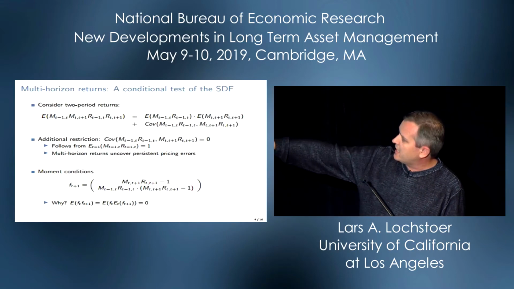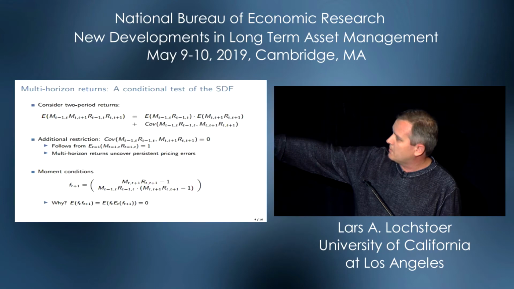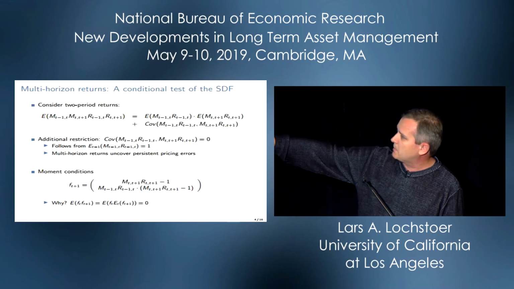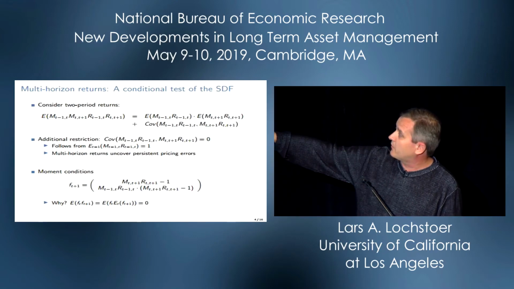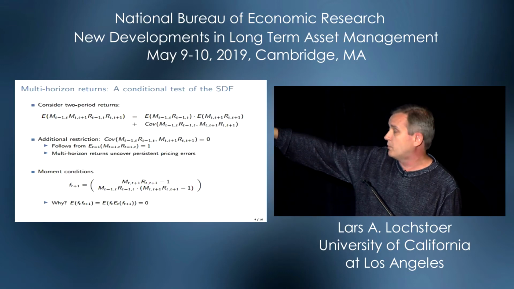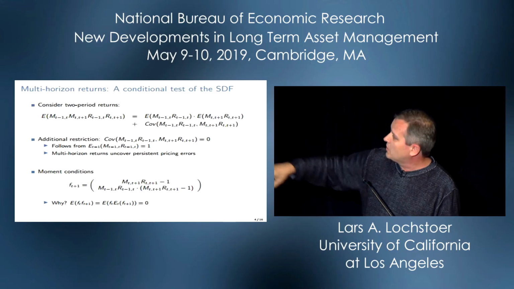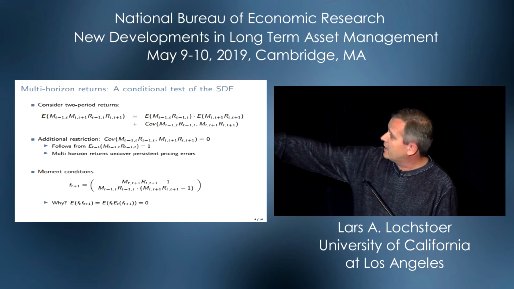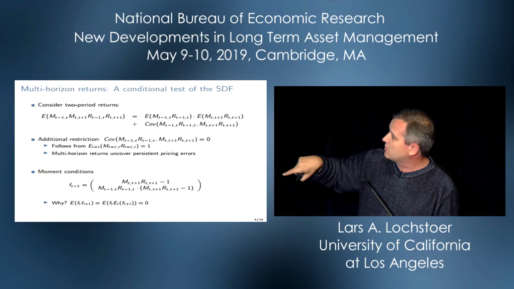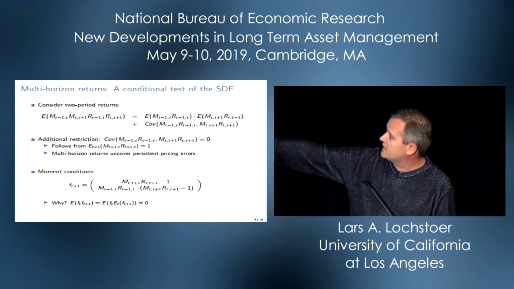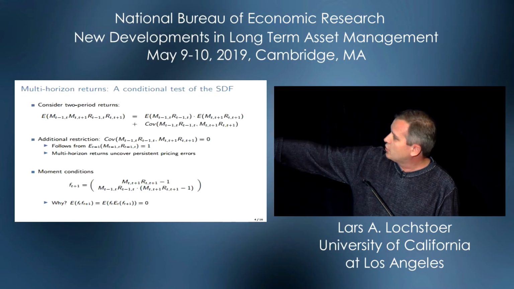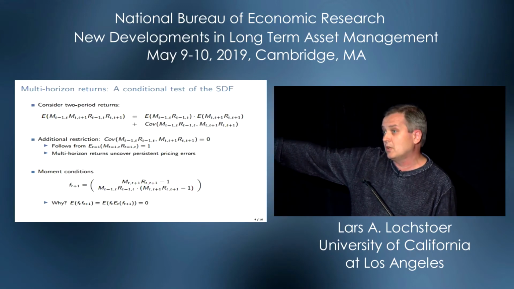That's the expectation of the 1-month return from t-1 to t, times the expectation of the 1-month return from t to t+1. If the model works, by covariance stationarity, both of those are equal to 1. Then I get a covariance term, and if I want everything to equal 1, that covariance needs to be equal to 0. The covariance is between m_{t-1,t} r_{t-1,t} and m_{t,t+1} r_{t,t+1}. So m times r should not covary with m times r one period ahead.